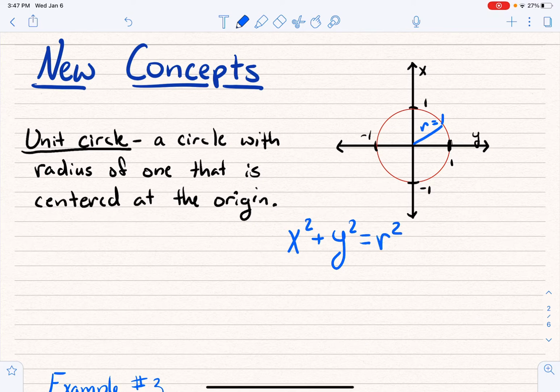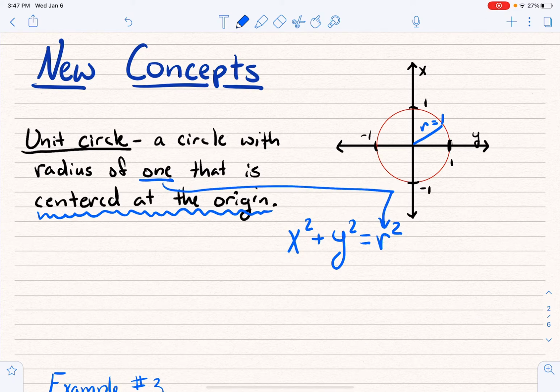And so because this one is centered at the origin, and because the radius is 1, we can plug that in right here, and we know that the formula for this is going to be x squared plus y squared equals 1. 1 squared is just 1, okay? There you have it. All right, so new concept for today, unit circle.